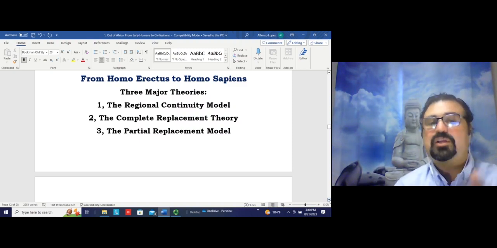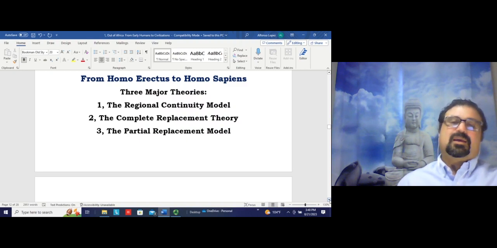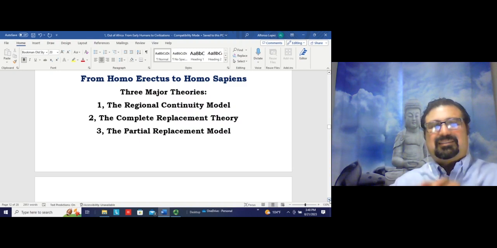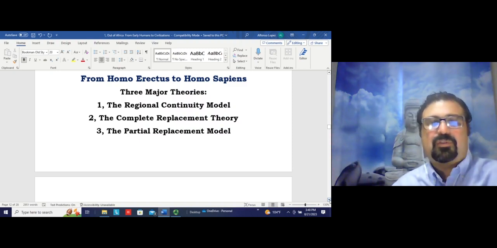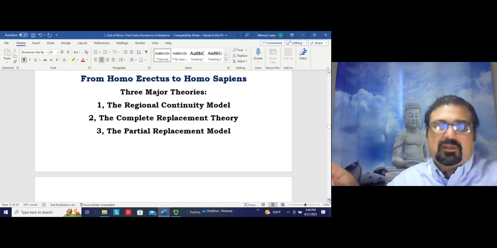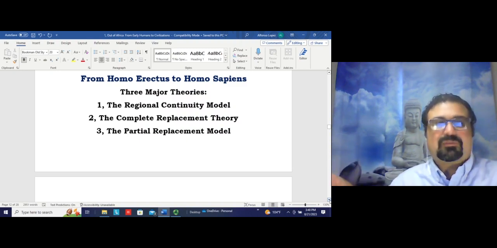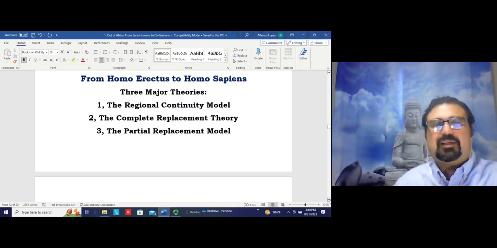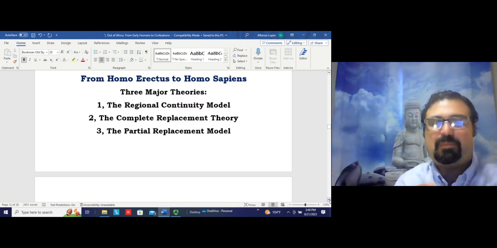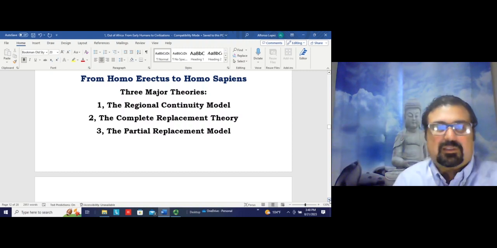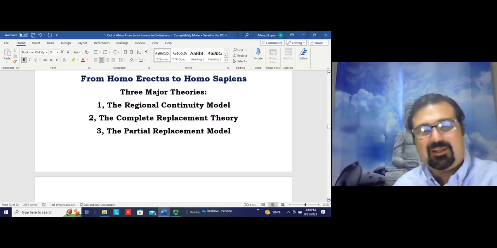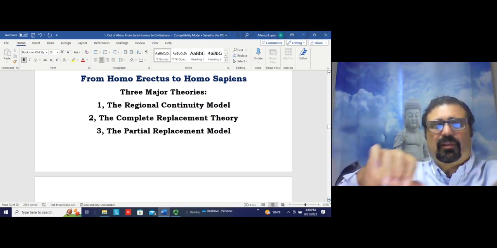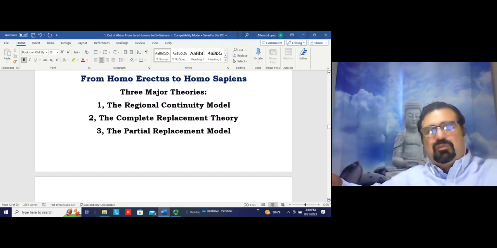One is the so-called regional continuity model. What is the regional continuity model? Well, it is that the Homo erectus, the Neanderthals, and the Homo sapiens continued, so to speak, on their own. It's not that the Neanderthals became extinct and suddenly the Homo sapiens prevailed, as if the Homo sapiens pretty much eliminated the Neanderthals, but rather that they both continued and they became part of the different ethnicities of the world.